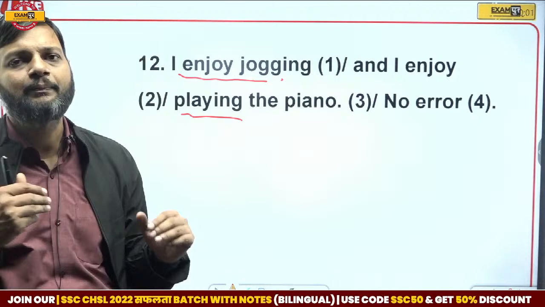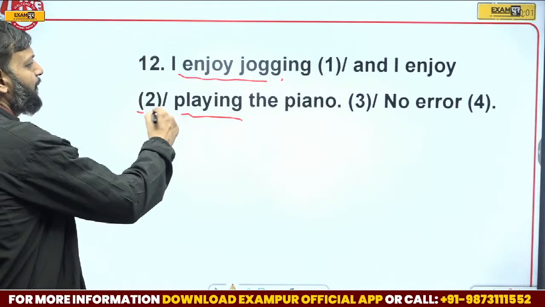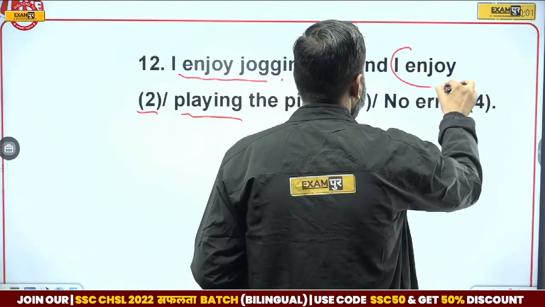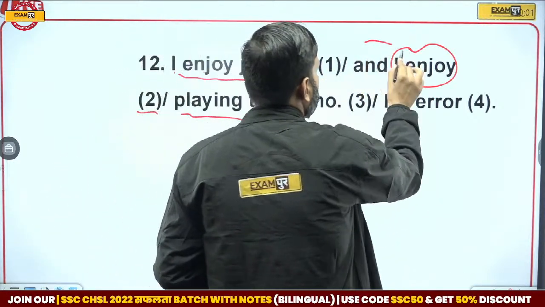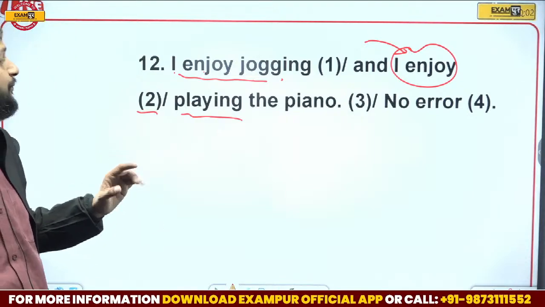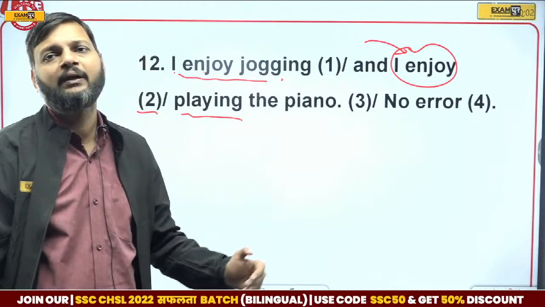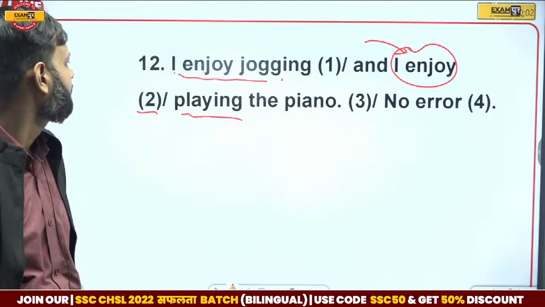So the error is in the second part, and there is no need of I and enjoy. The sentence would be: I enjoy jogging and playing. That would be the right answer.